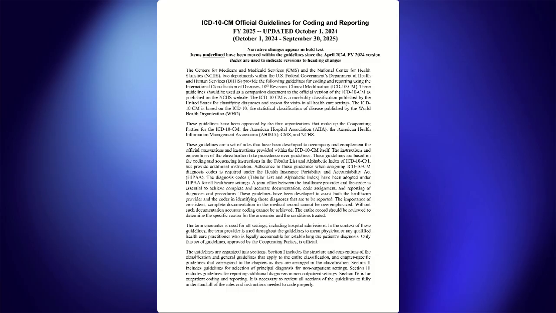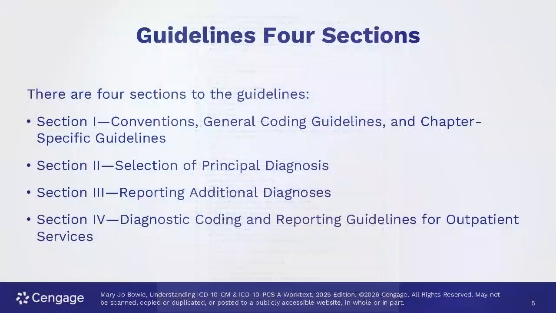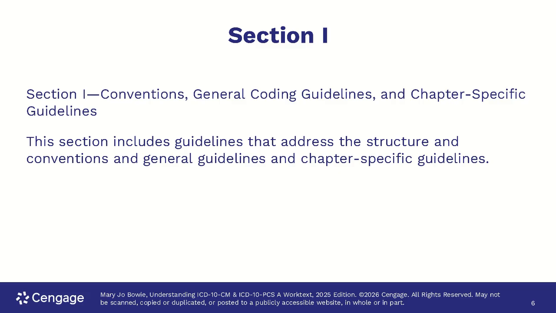And down towards the bottom, it tells you that these guidelines are organized into sections. So I'm going to stay over here for a little bit, which will probably cause me to skip over some of the slides, as I wanted to show you the guidelines physically. We're going to first start off with section one.